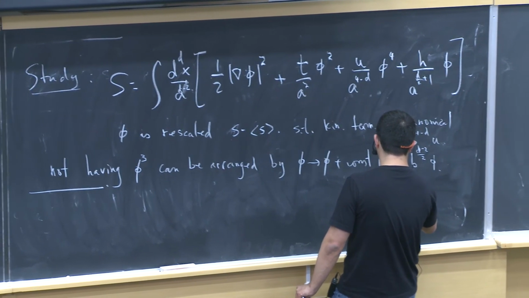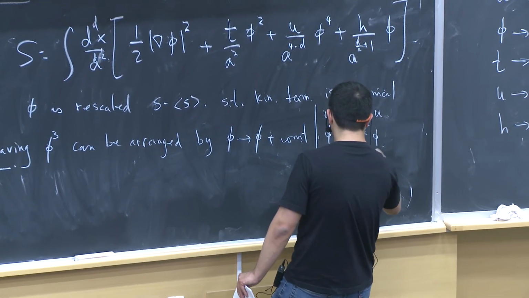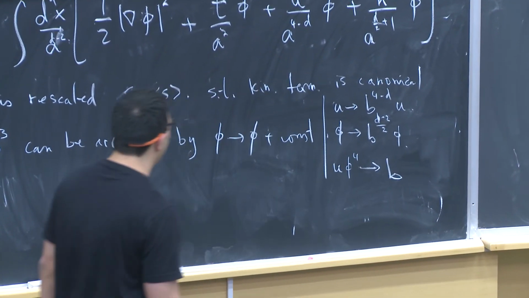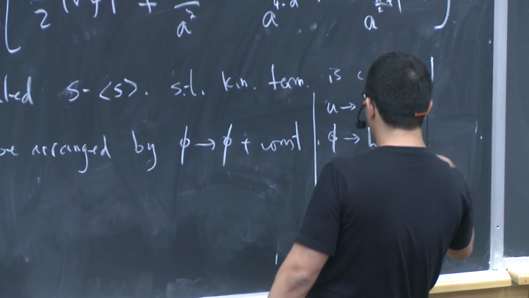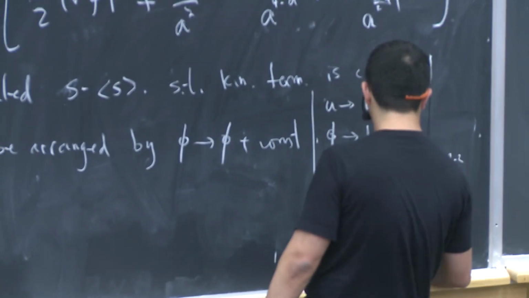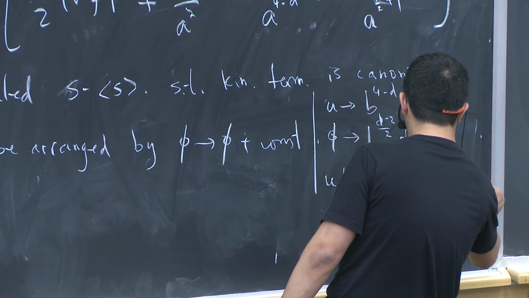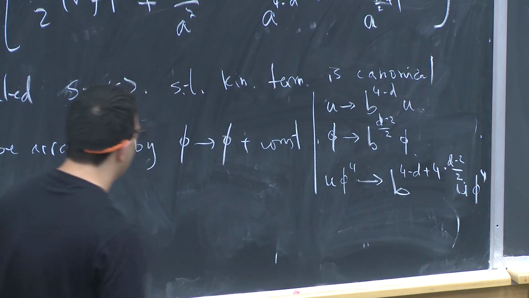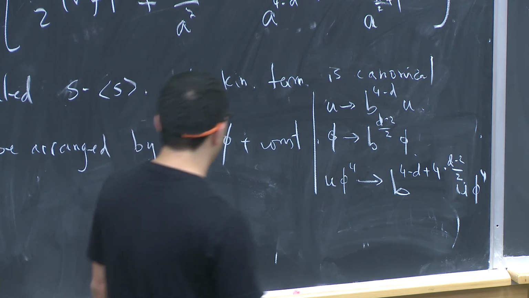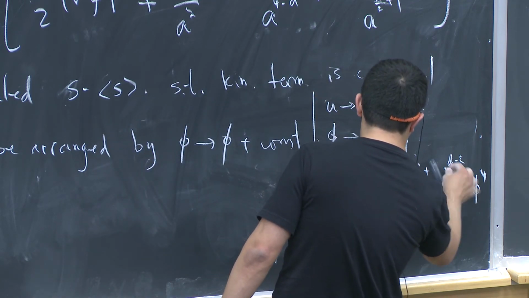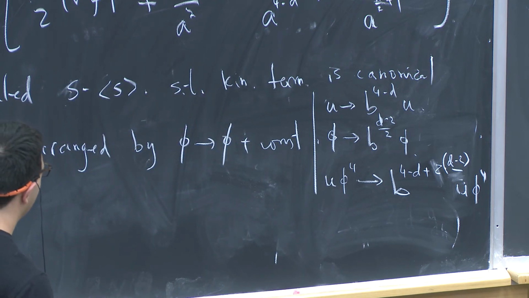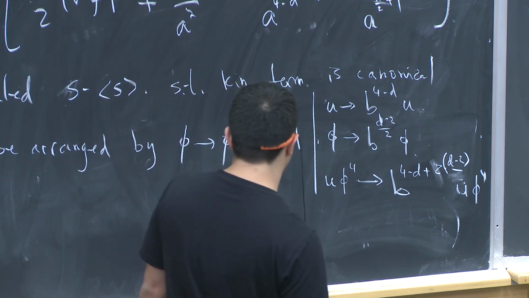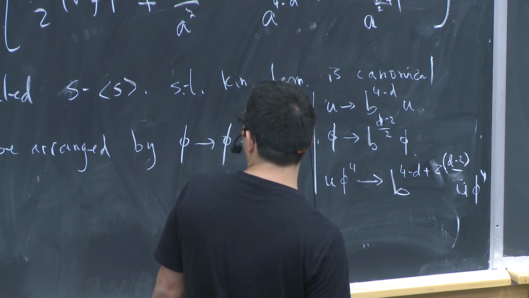So u times phi to the 4th goes like b to the power 4 minus d plus 4 times this number, (d minus 2) over 2, times u phi to the 4th. And the number in the exponent is, so this 4 cancels with a 2. We have a 2.